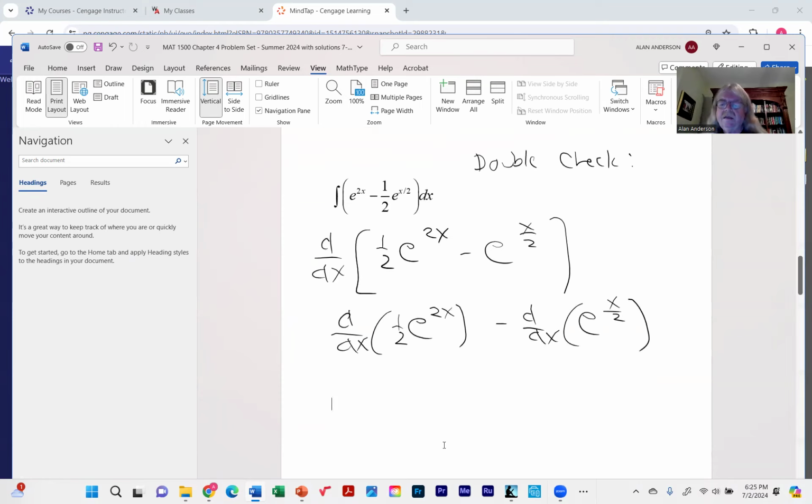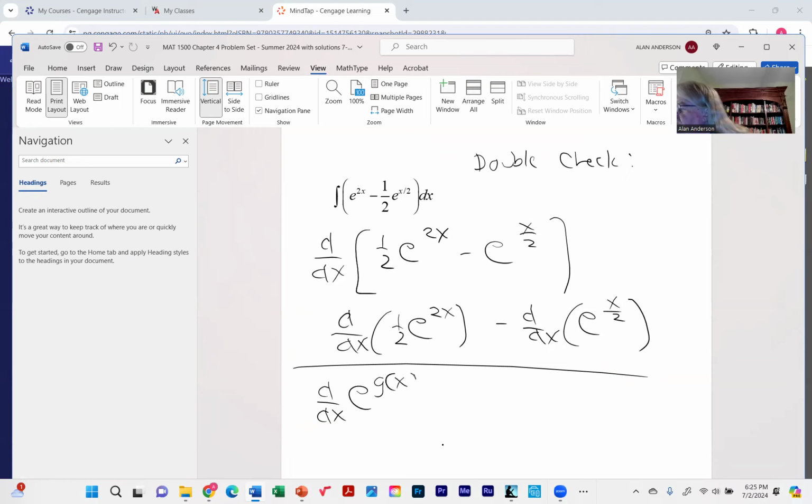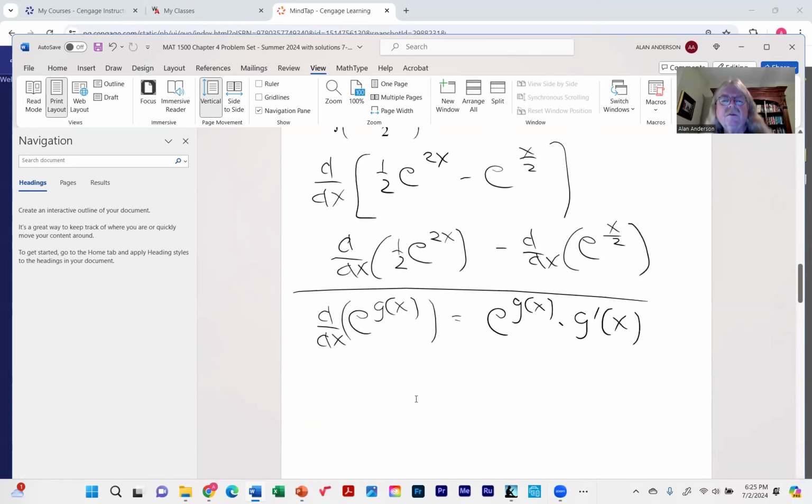So you might recall that based on the chain rule, the derivative of e to the g of x is e to the g of x times g prime of x. Okay, so what will that tell us for the first term? So we'll rewrite this as 1/2 of the derivative.